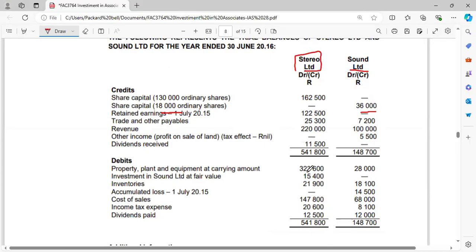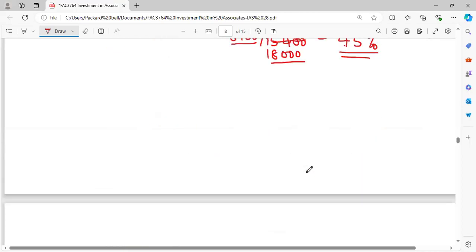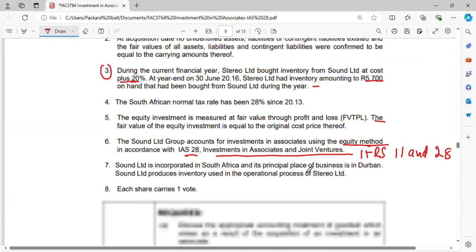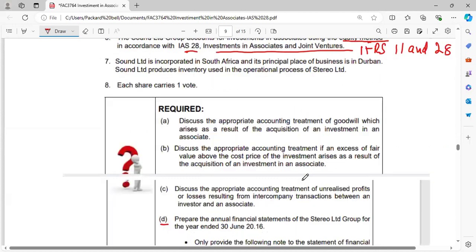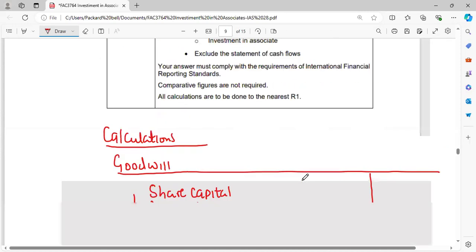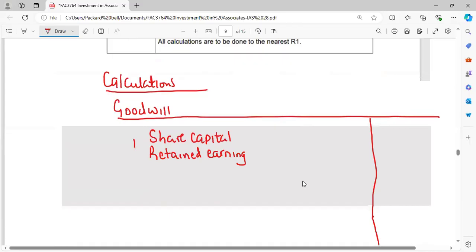We don't have any revaluations, so that's all. So we have share capital of 36,000 and retained earnings of 8,000. How much altogether? It's going to be 44,000.